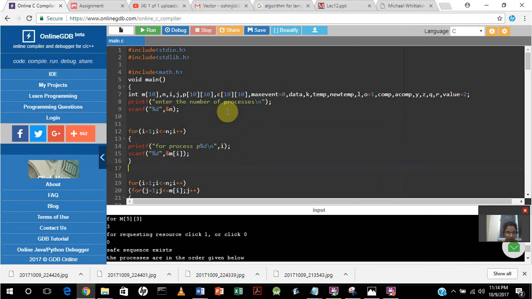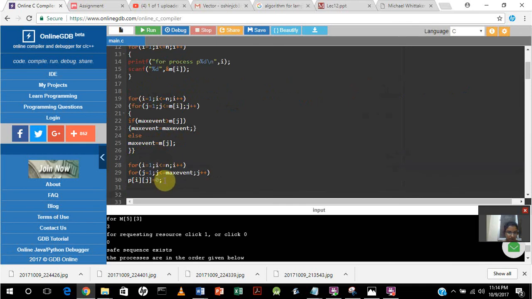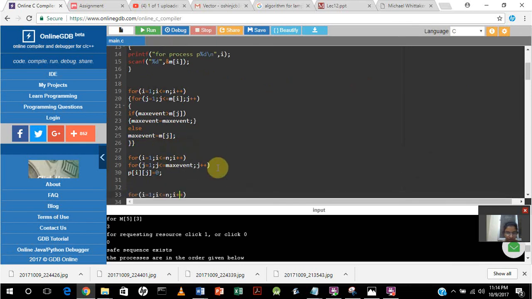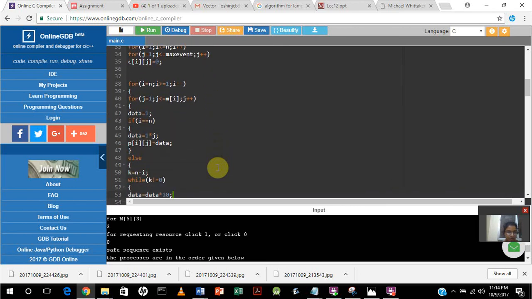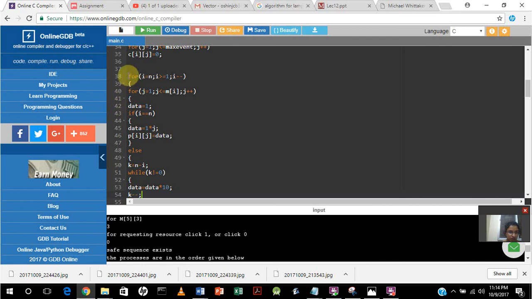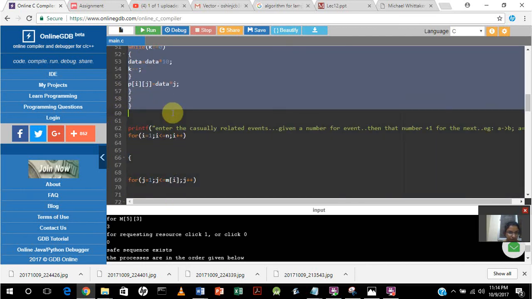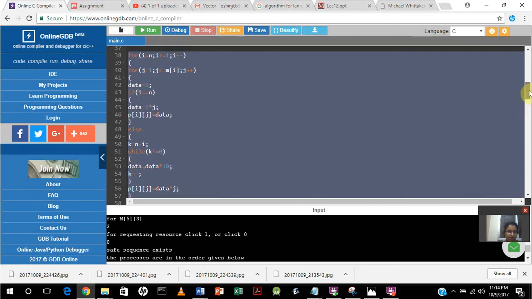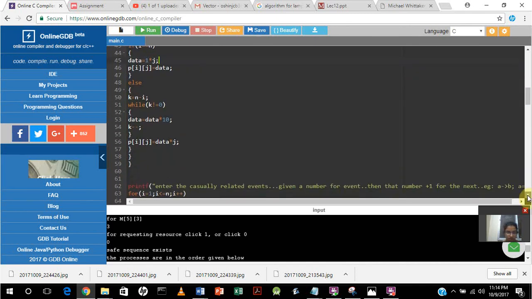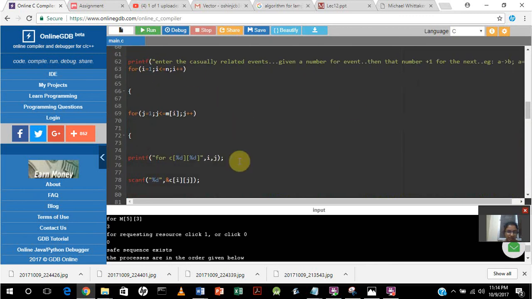Coming down, here in this particular block I have filled my matrix table, and here I have mentioned my causally related events the way I spoke of before.